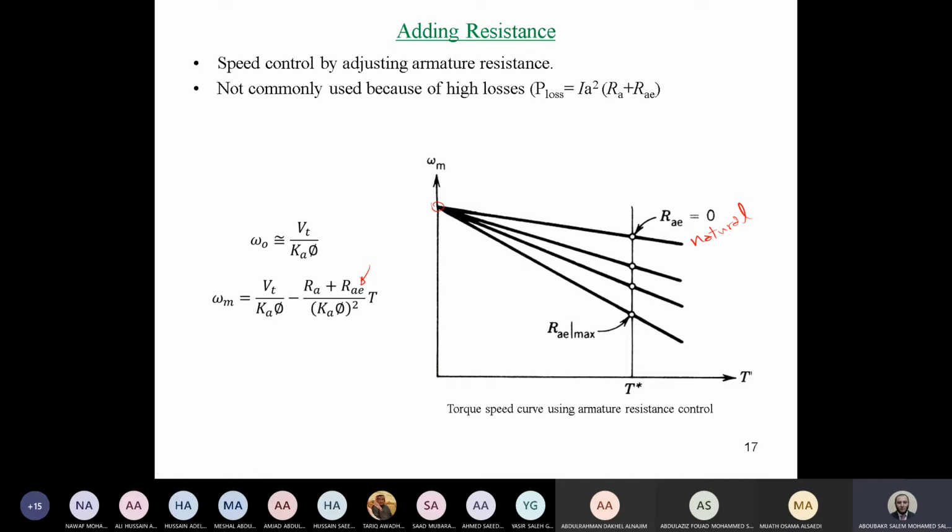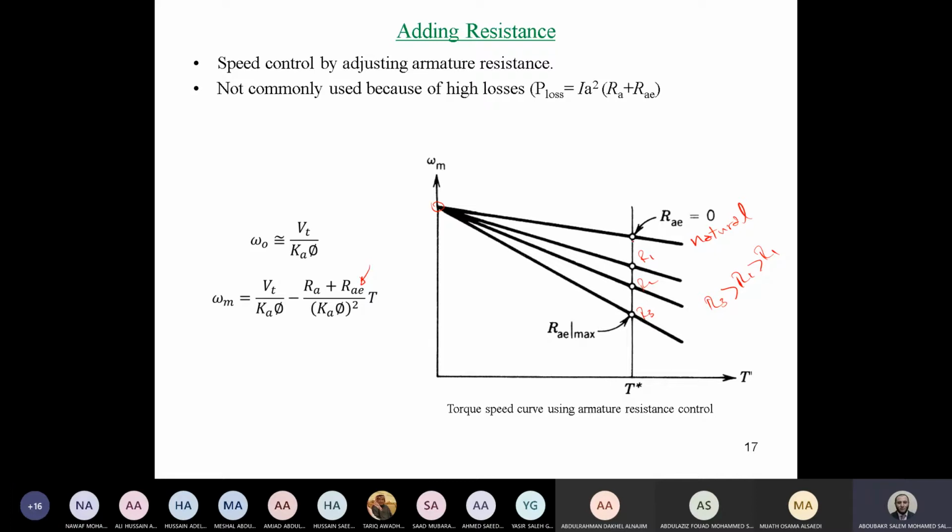Right. As you can see in the figure here, Shabab, at certain load torque T asterisk, assume this is the rated torque. So in this case, assume this is at R1, this is at R2, this is at R3, and R3 is greater than R2 is greater than R1, which means added resistance to the armature.